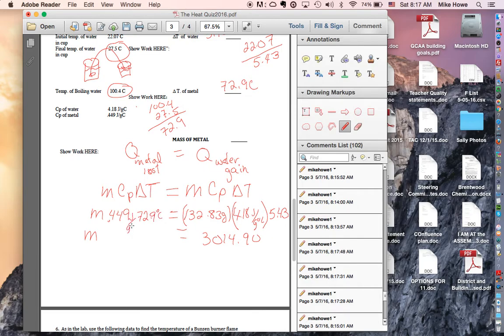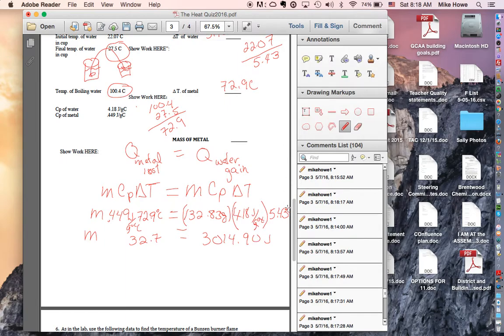That number is joules per gram degree C. Now I need to multiply 0.449 times 72.9, and I get 32.7. So m times 32.7 equals 3014.9.